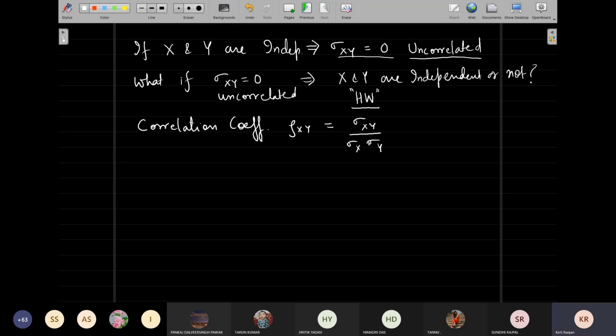Can somebody think of what we have done? It is covariance xy divided by square root of variance x, variance y. What have we tried to do here? I mean, we already had the covariance. Why are we using the word correlation coefficient?